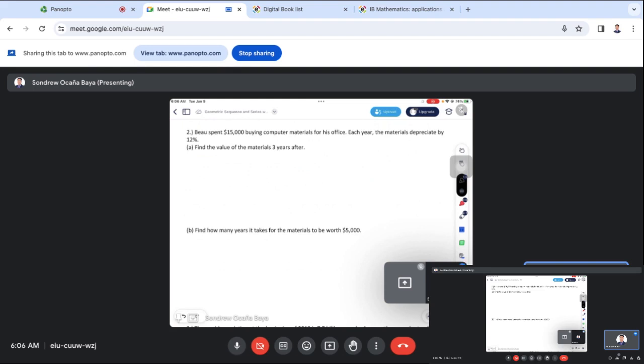So for number one, again, it's better for us to create a table because it makes things organized, no? We are given here this particular amount, 15,000. And then each year, the materials depreciate by 12%. That means 15,000 is actually your original cost.